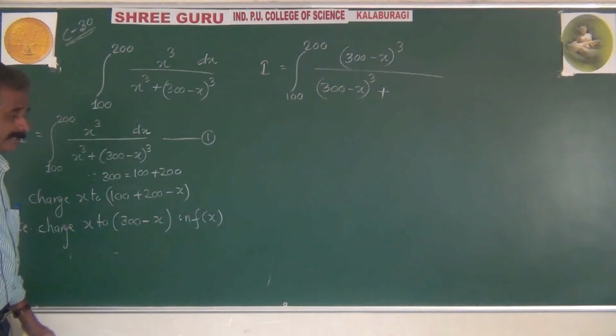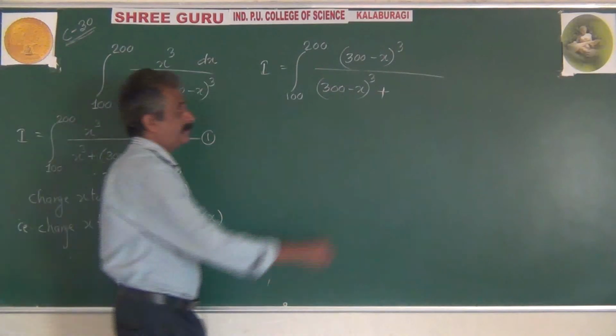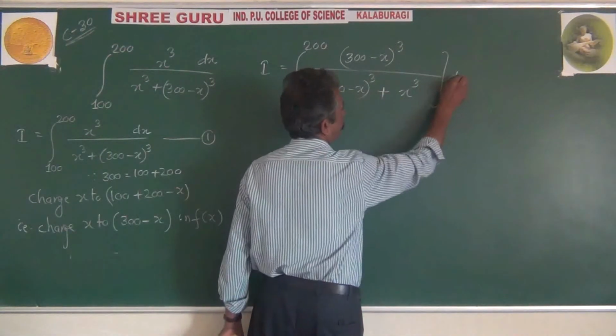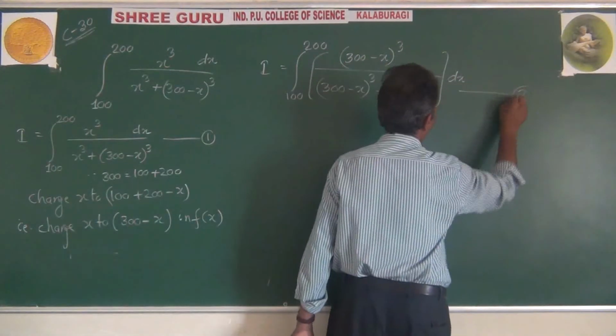Now naturally 300 minus x becomes x, that is x cube. Say equation 2.